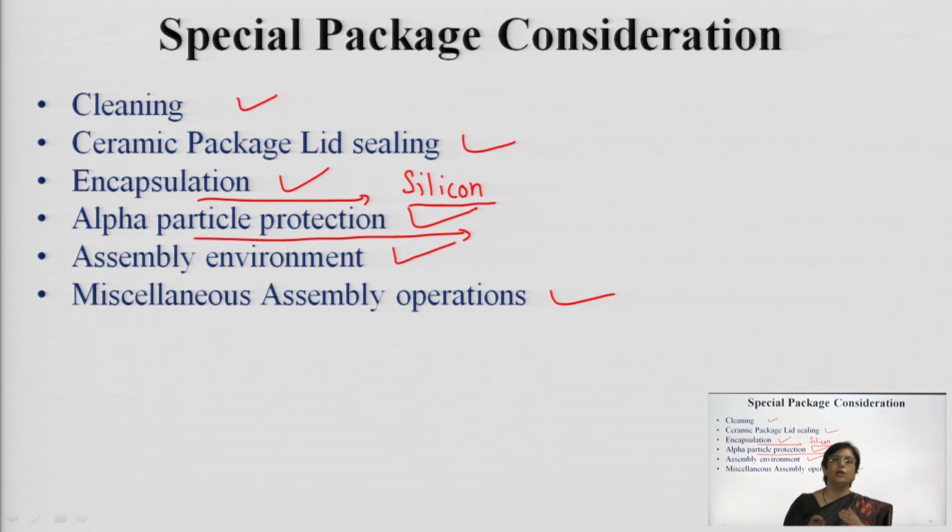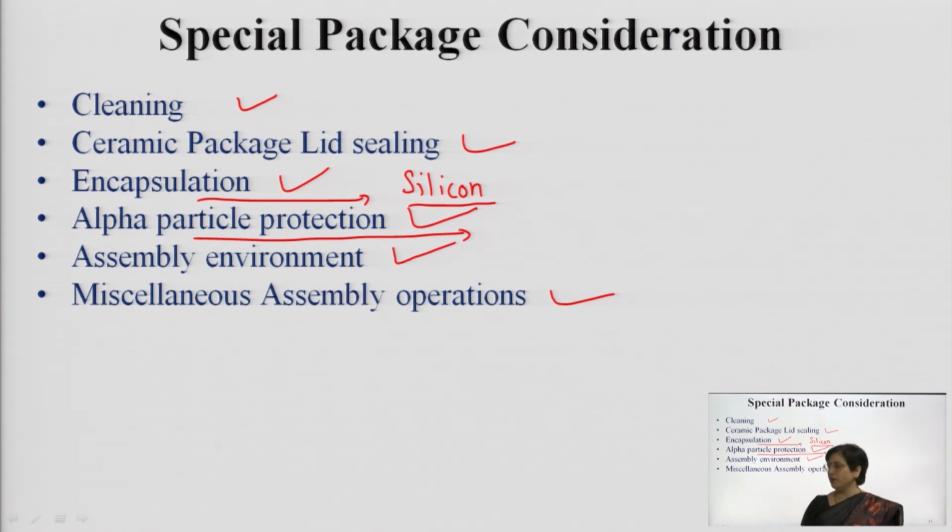To prevent that, you need to ensure that such particles do not affect the overall operation of the device, and that the package is free from these particles. To prevent them, you need to carry out proper cleaning processes for alpha particle protection.